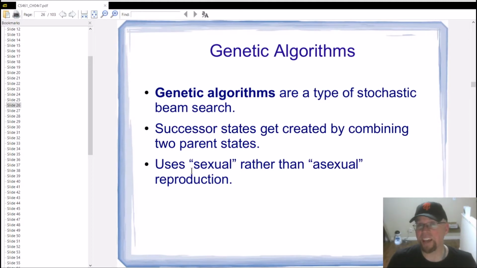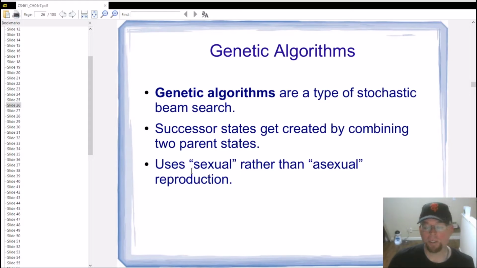They have sex. No, I know I got your attention now, don't I? They have sex. So the successor states are created not through an actions function and a result function like we had in earlier algorithms.